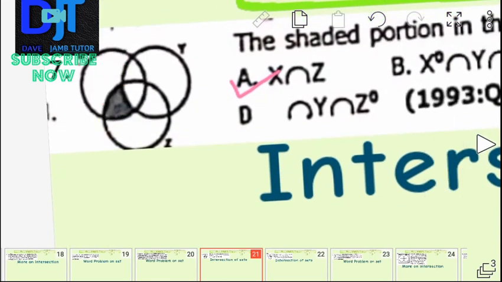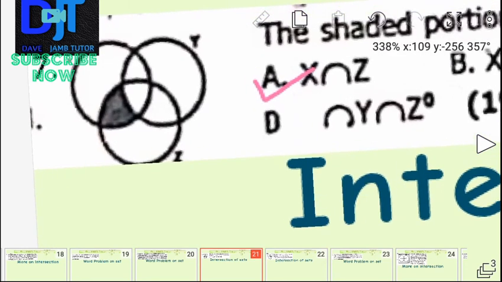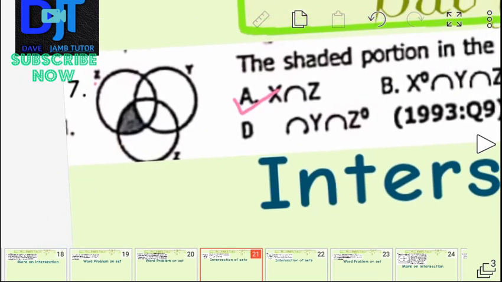This tells us automatically that the shaded portion is x intersects z. So now that we know it to be x intersects z, we can just mark our answer straight away, and that's what I've done here already. So the answer is x intersects z.